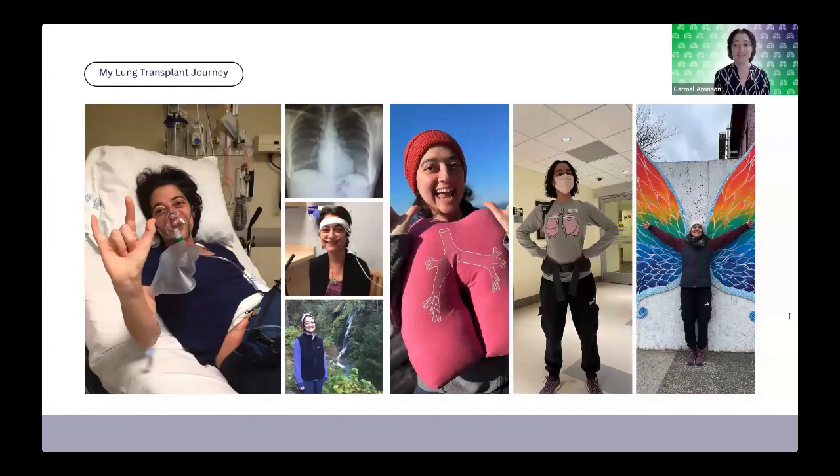In 2018, 2 years after my transplant, I was officially diagnosed with CLAD. After about 7 years of relatively low but stable lung function, I qualified again for a repeat bilateral lung transplant, and I've been active on the list for exactly 1 year this week.